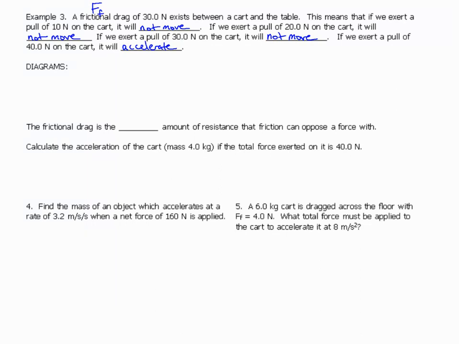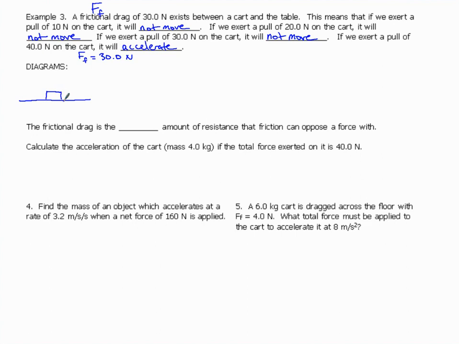So we're going to draw some diagrams. First off, I'm going to write force of friction equals 30.0 newtons. There's going to be 4 pictures drawn here. Actually 5. In the first one, here is the table, here is the cart, and we are drawing a force diagram.